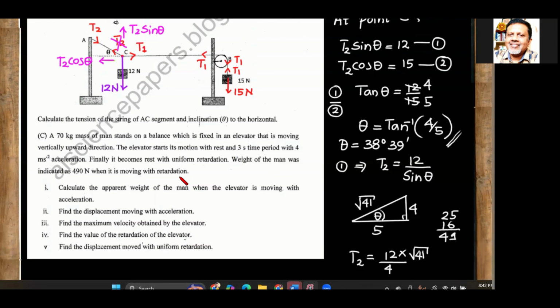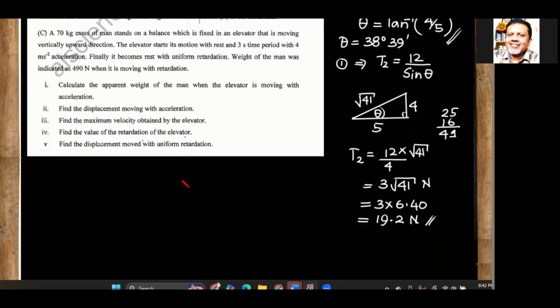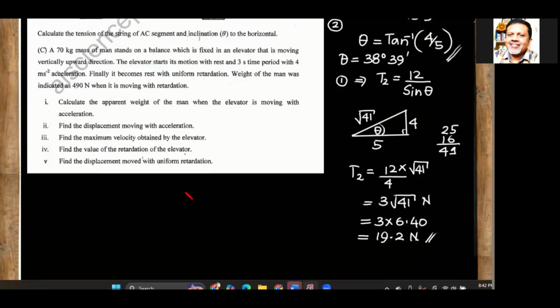Okay, so we move to part C. It says a 70 kilogram mass of a man stands on a balance which is fixed in an elevator that is moving in the vertically upward direction.